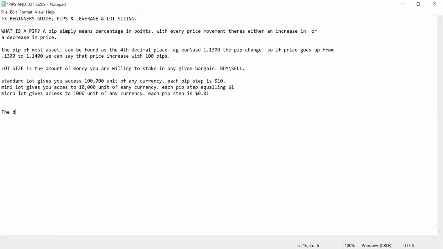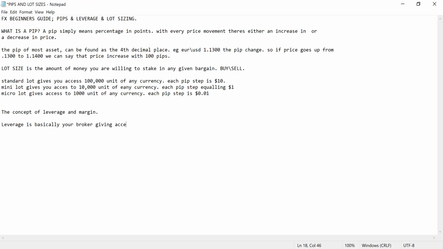The concept of leverage and margin, when it comes to the financial market. So leverage is basically, your broker, right?